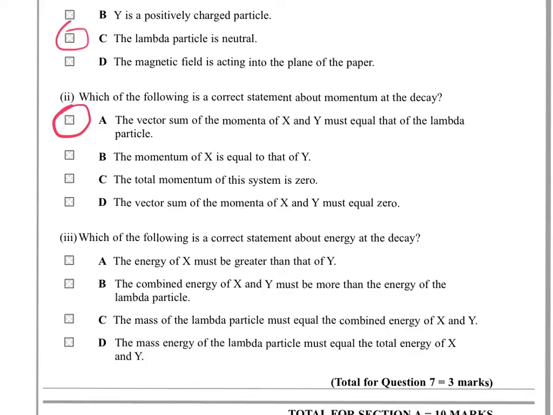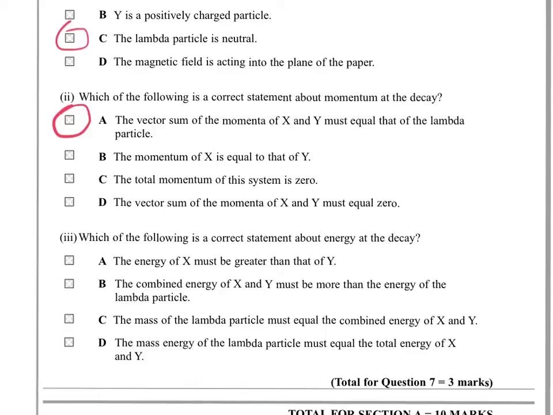So which is a correct statement about energy then? Energy of X must be greater than that of Y. No. Combined energy of X and Y must be more than the energy of the lambda particle. No. Mass of the lambda particle must equal the combined energy of X and Y. No, because the lambda particle would have also had kinetic energy.